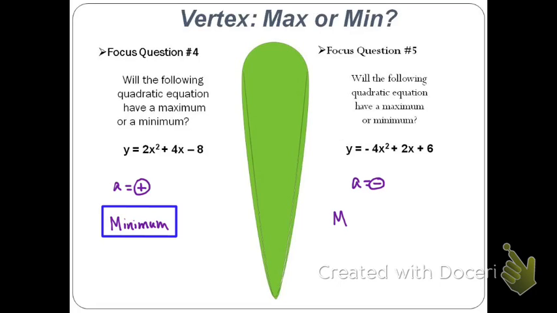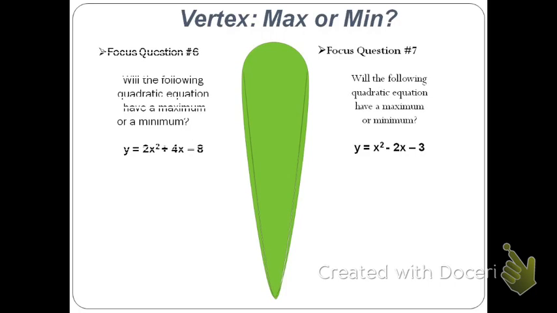It is indeed a maximum. So remember, when you're looking at your a value, it's going to be the opposite of what you normally would think. And that's the way that you can help remember. Is it going to be max or min?